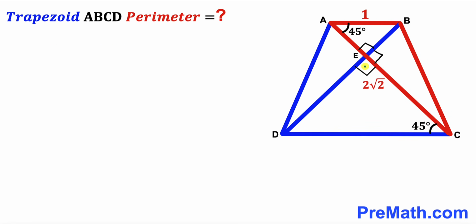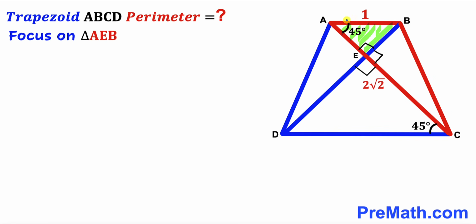Now let's make an observation. We can see that this angle is a 90 degrees angle. So angle BEC has got to be 90 degrees as well, since these two are vertical angles and they are congruent. Now we are going to focus on this right triangle AEB.